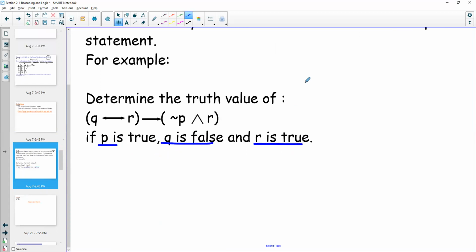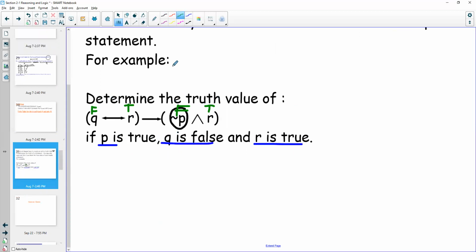So I'm going to make some labels in here. I know P is true, so not P has got to be false. I know Q is false, so that's going to go right here. I know R is true. Okay, so I'm going to fill those in.